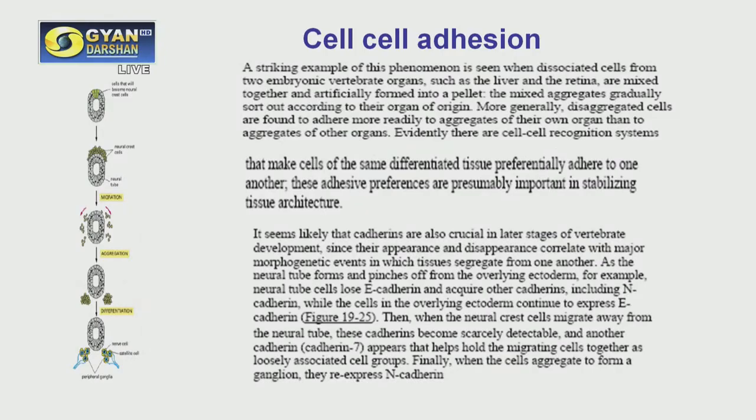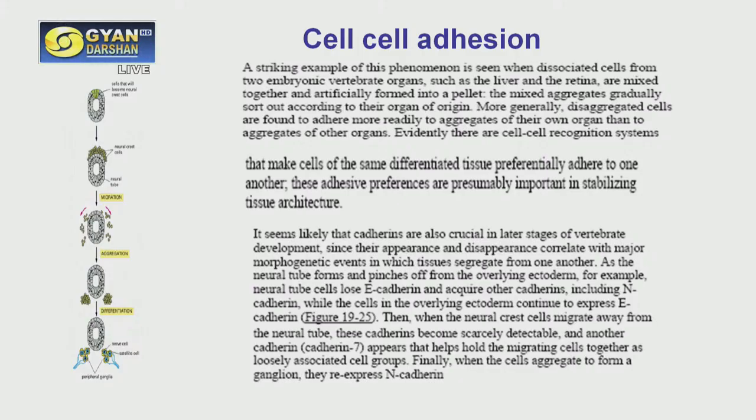Now, when there is embryo formation, there is no demarcation of the cells. Like one cell which is destined to form the notochord and another cell, let's say, destined to form some other cell. Initially they are all mixed up during the embryonal stage.